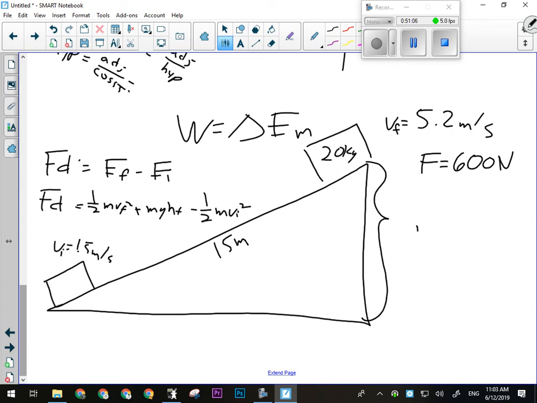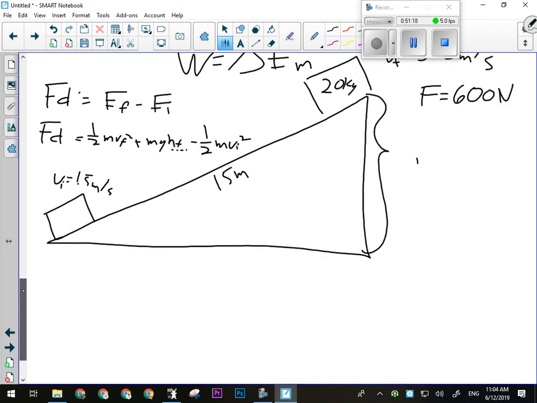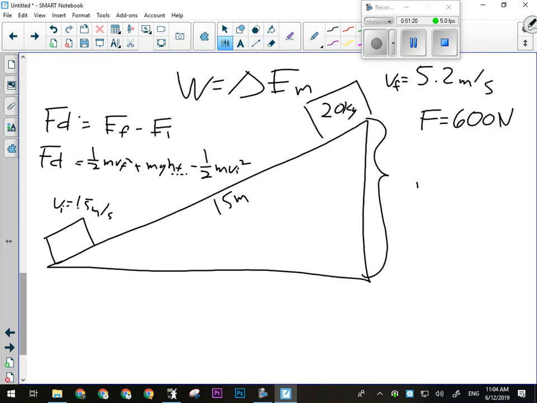What part of this am I looking for? I'm looking for h final, the height of the ramp. So I've got to do some manipulating here. I'm going to add 1/2 mvi squared over here, so I'm going to have force times distance plus 1/2 mvi squared. Then I'm going to subtract the 1/2 mvf squared over, and then I'm going to divide by mg.